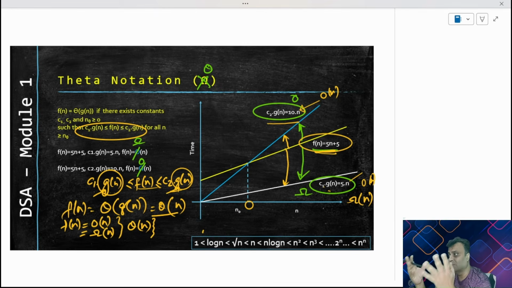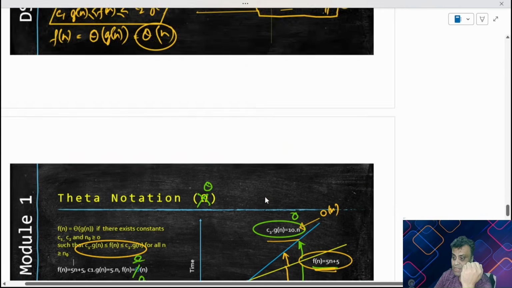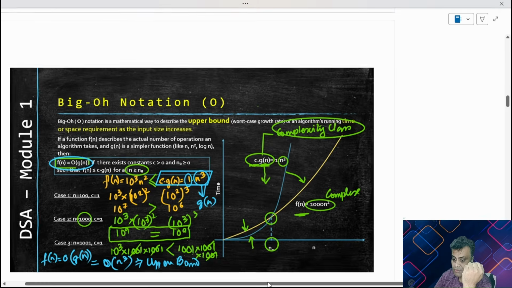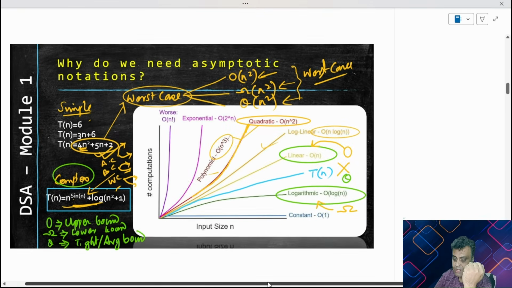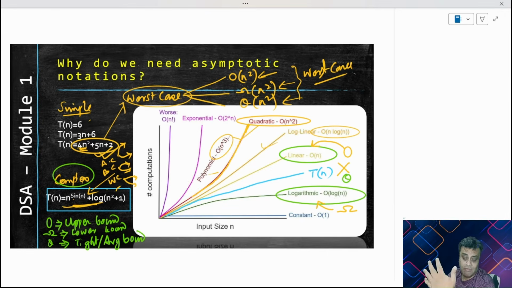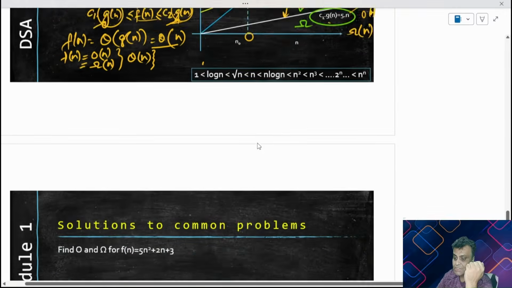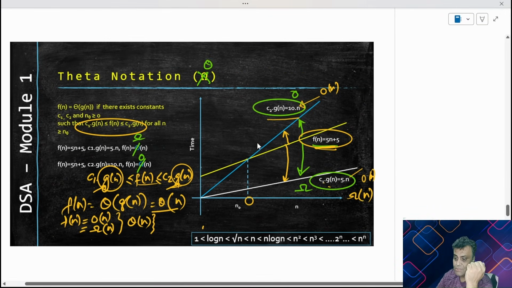And of course, the essence of theta can only be appreciated when you have a complex function. As I was saying in the beginning of this lecture, we had started off with a complex function, which was this. And we are saying that that complex function will have a theta, defined by whatever way we assigned the values to the constants C1 and C2.